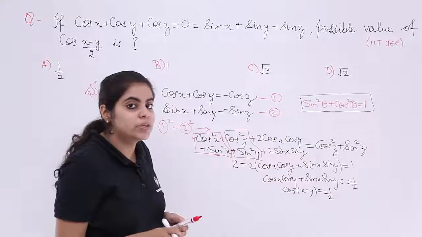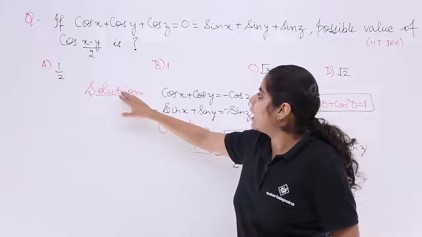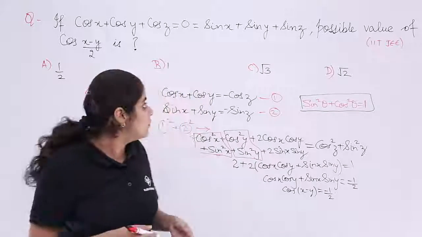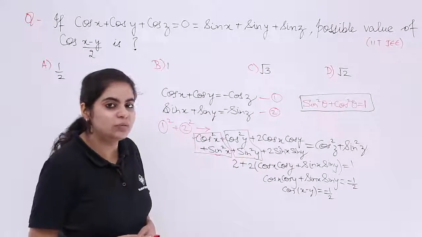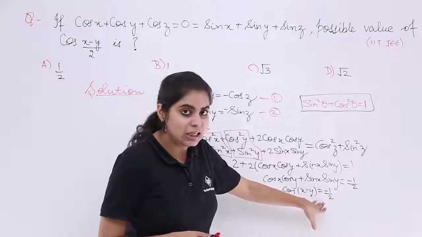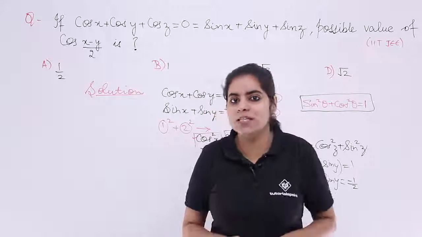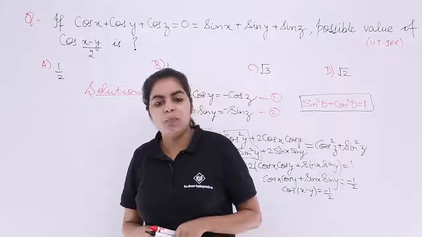Now, let us see what the question had to say, what we were supposed to find out. We were supposed to find out cos((x minus y) by 2), and we have the answer as minus 1 by 2 for cos(x minus y). But we are supposed to find not cos(x minus y), rather cos((x minus y) upon 2).